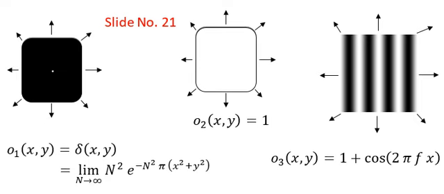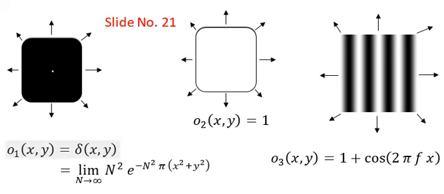And these three objects are given here. On the left hand we have a point source embedded in an opaque region. The light cannot pass through the opaque region, but there is a point source at the origin giving an intense light there. It is the object O1, and it is defined by the delta function, delta of xy. When x and y are both 0, we get an impulse at the origin.